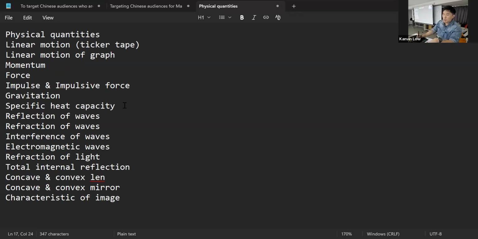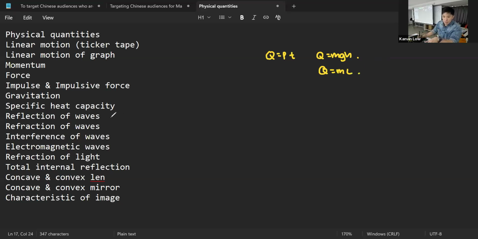Specific heat capacity, we have done quite a number of times already, so remember the mc theta. I'm surprised that for heat only one question came out, which is specific heat capacity. Q equals mc theta is given. But remember, Q equals Pt, Q equals mgh, all these are not given, so you have to remember. Q equals ml is given actually.